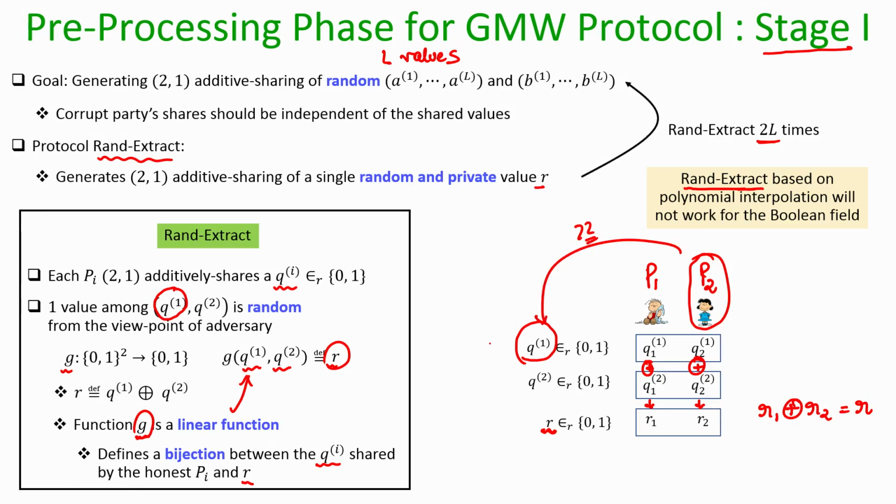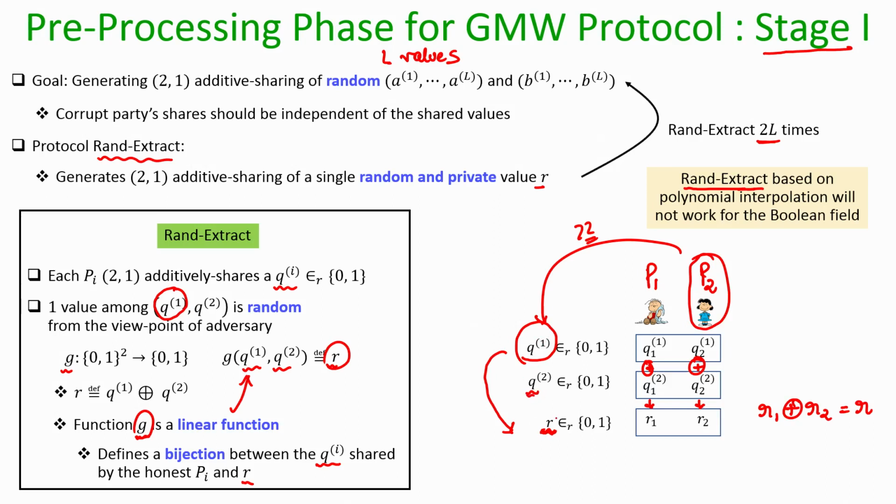And the way we have defined the output R as a function of Q1 and Q2, for every candidate Q1 which this corrupt P2 thinks in her mind, there is a candidate R. If she thinks Q1 is 0, then that value 0 along with the Q2 shared by P2 defines the R, whereas if she assumes Q1 is 1, then that 1 XORed with Q2 defines the corresponding R.